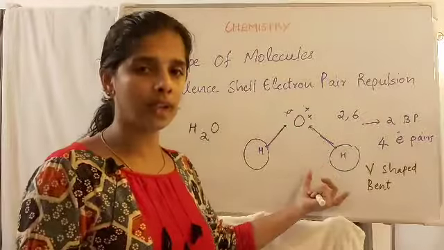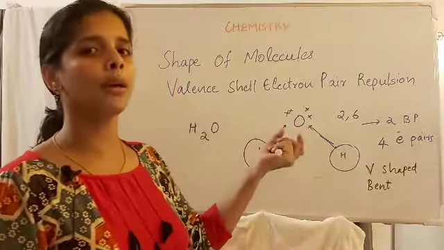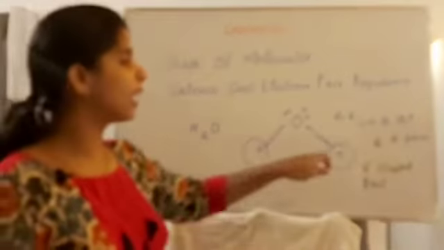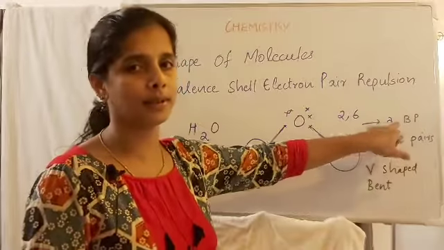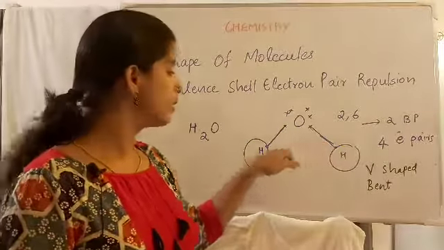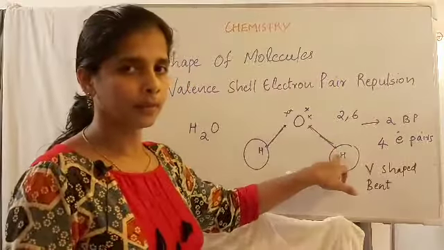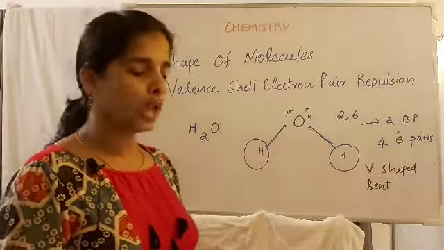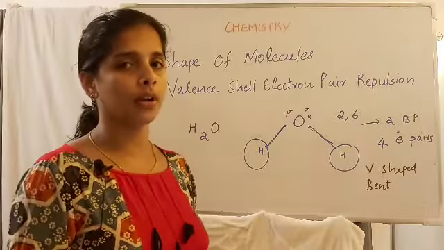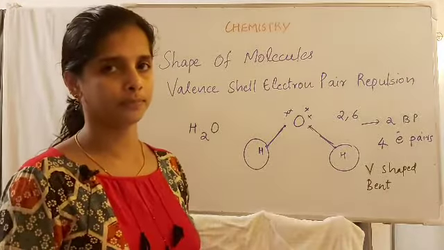Even though the geometry is tetrahedral, while talking about the shape of the molecule, we can only consider the bond pairs present in it. So these bond pairs are arranged in a V-shaped manner. So the shape of the molecule is V-shaped or bent.